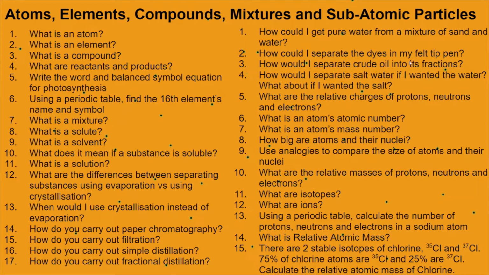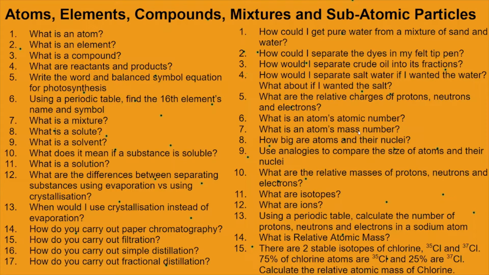A proton has a positive charge of +1, neutrons are neutral, so 0, and electrons counteract the protons, so they're -1. An atom's atomic and mass numbers, we looked at these briefly when we looked at the periodic table. The atomic number, the proton number, is the number of protons in the atom, and it's unique for every element.